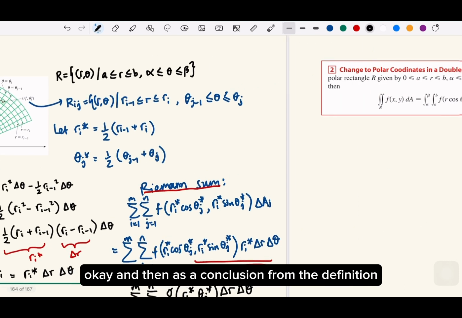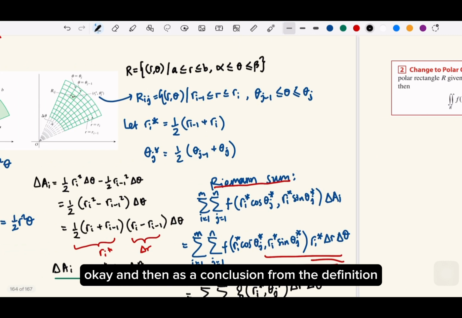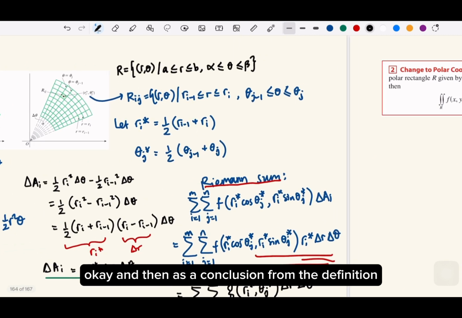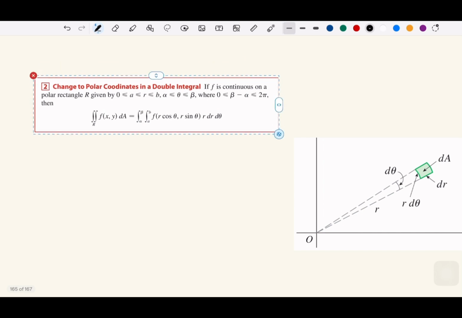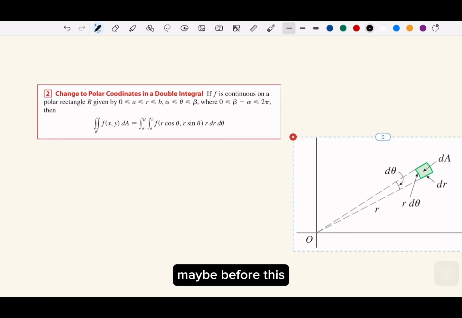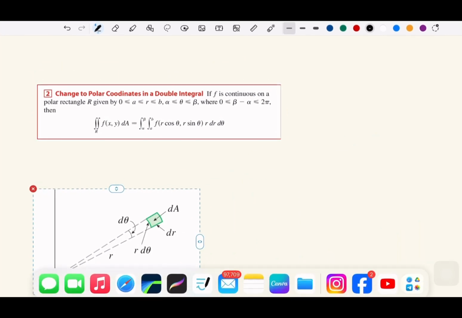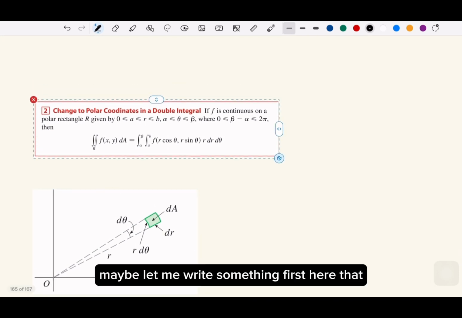Okay, and then as a conclusion from the definition, maybe let me write something first here.